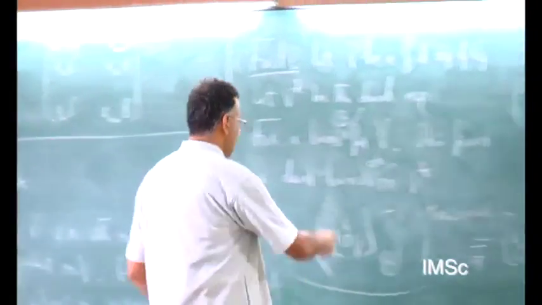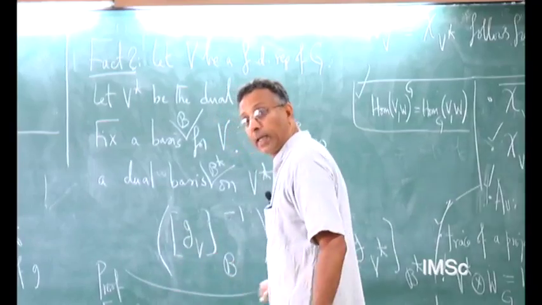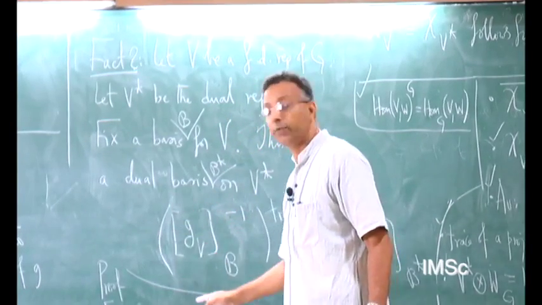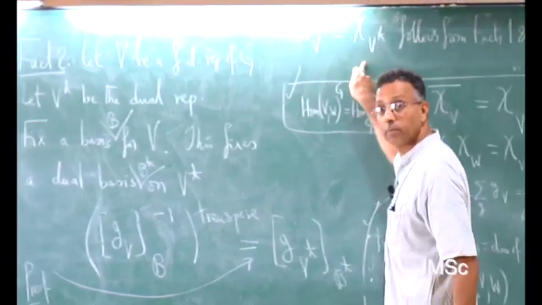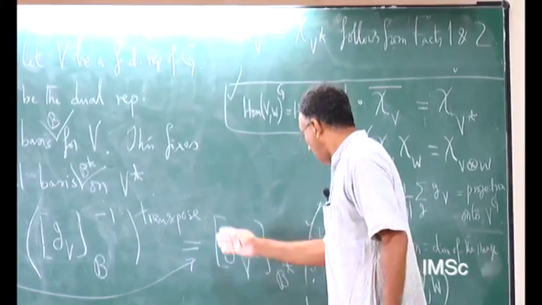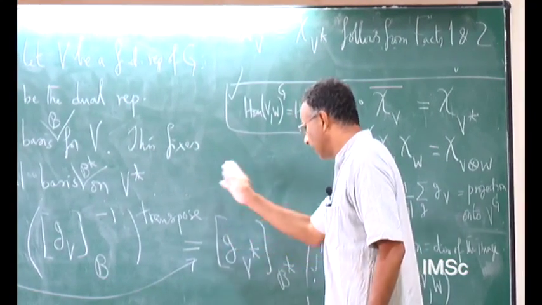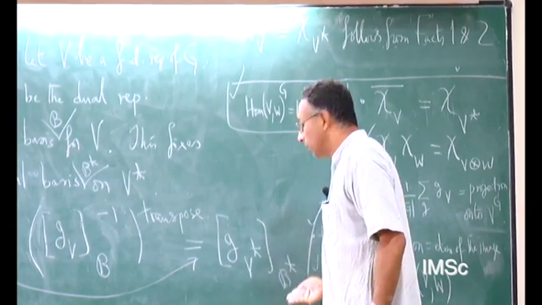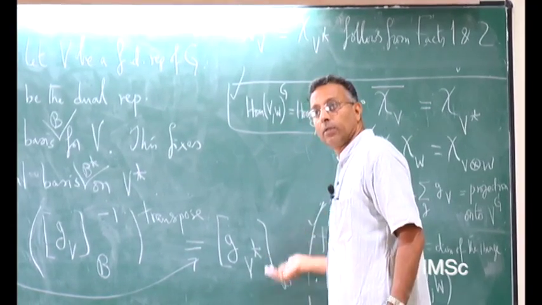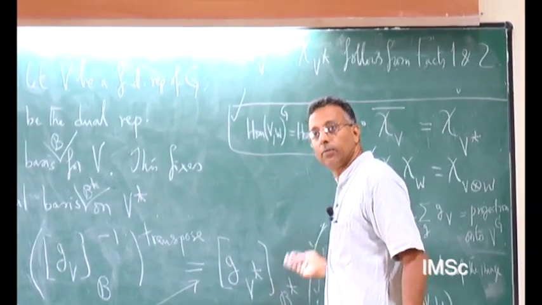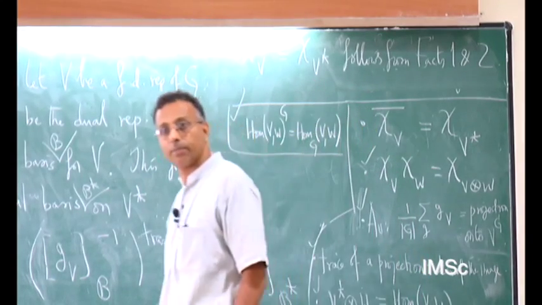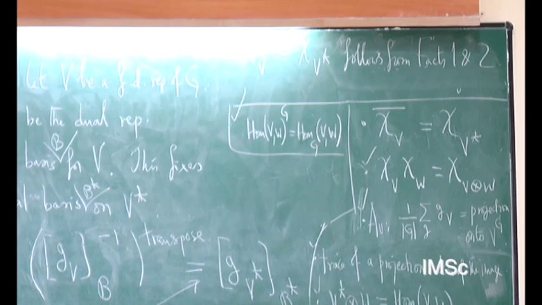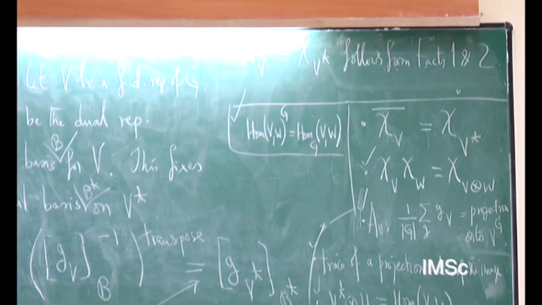So if I take trace, this becomes the conjugate of this, and the other side becomes this, because I am just taking trace, and the choice of B does not matter. By definition, the trace is precisely this. This is an exercise.